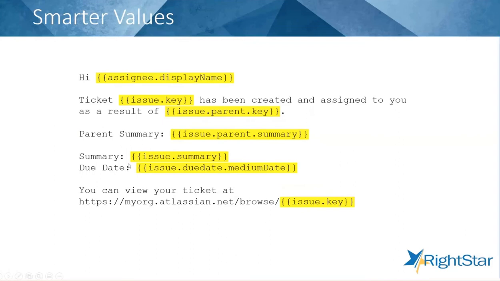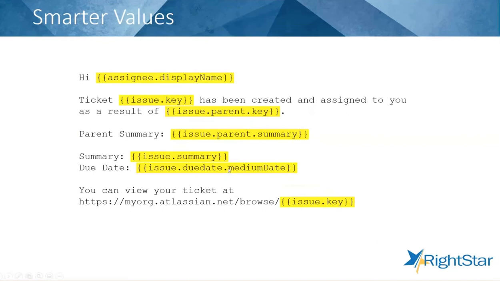Now, here's the summary, but here's another one that looks a little bit different, because I'm going to want to print the date, but I don't want to print the entire date with the time and the time zone information. All I want to print here is the date, and this medium date is one of about 20 different formats that I can apply to a date to show it in different ways.